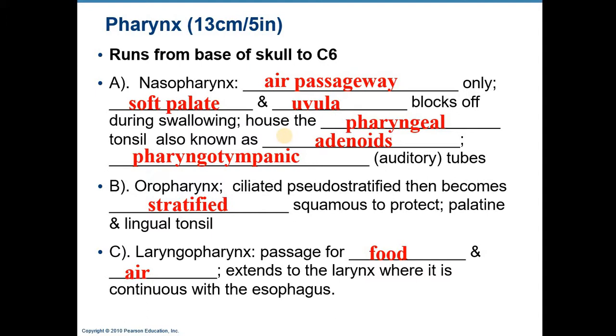And then you have the palatine and lingual tonsils. The laryngopharynx is a passage for food and air, and it moves to the larynx, also known as the voice box, but that's the next area that we're going to talk about. So those are the 3 parts of the pharynx: the nasopharynx, oropharynx, and laryngopharynx.